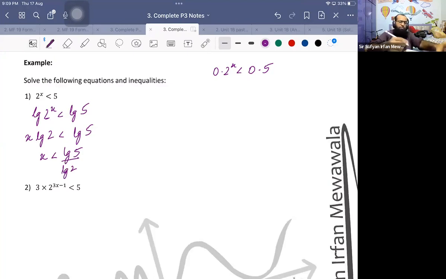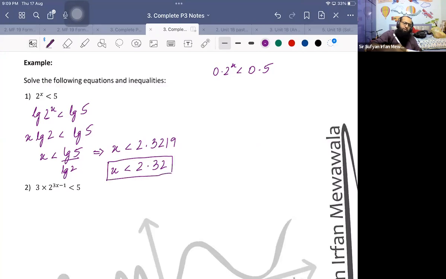And now from here we can calculate lg 5 upon lg 2. It's 2.3219, right? So x is less than 2.3219, and we can round it off. x is less than 2.32, correct to 3 significant figures. This is going to be our final answer.